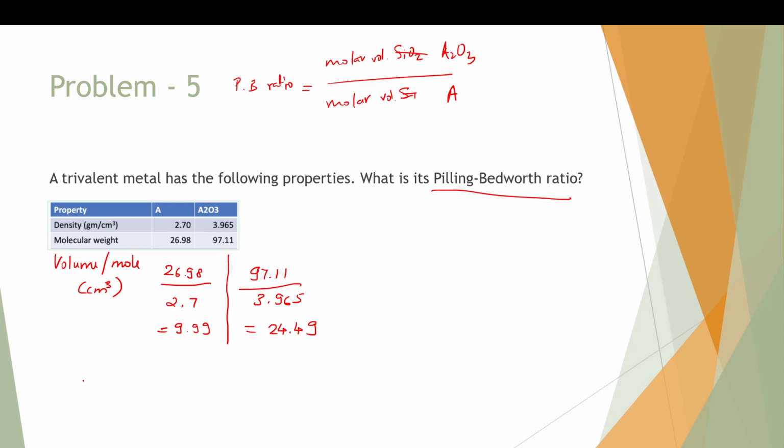So this will give us the Pilling-Bedworth ratio, somewhere around 2.5.